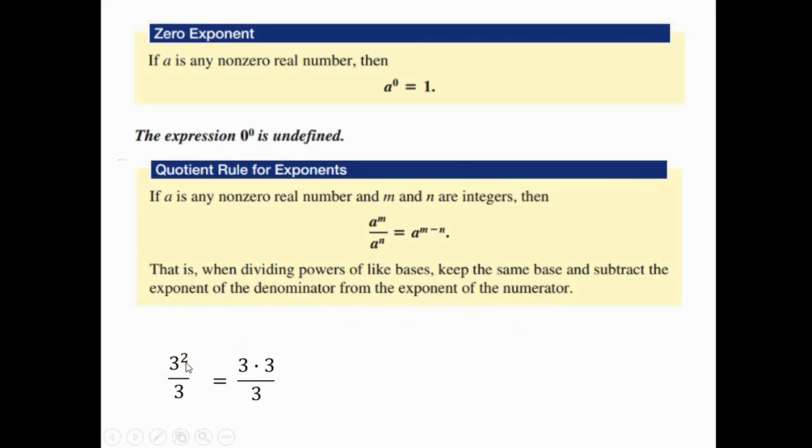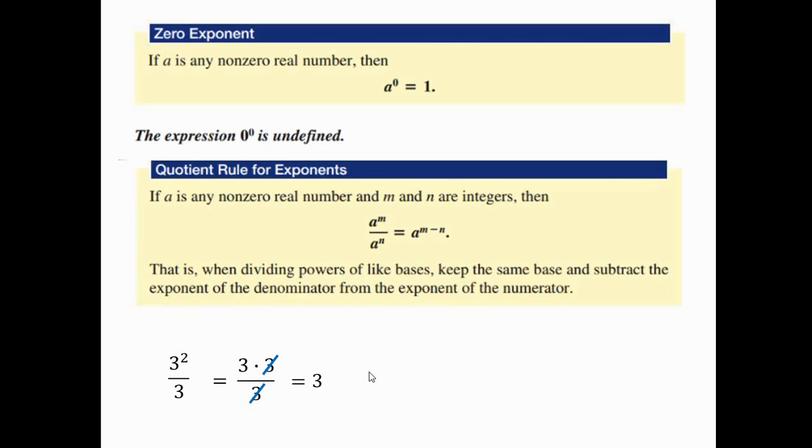Because an exponent means you multiply that base times itself that many times. So we have 3 times 3 over 3. And then there is the fundamental property of rational expressions. These 3's would cancel. 3 divided by 3 is 1, so we end up with 3. All right?